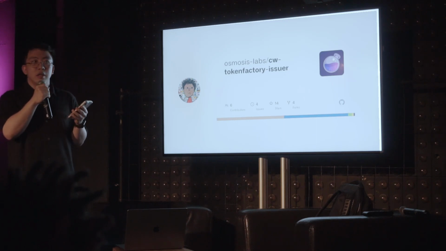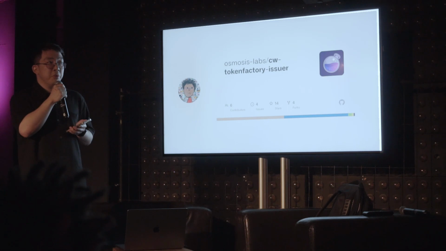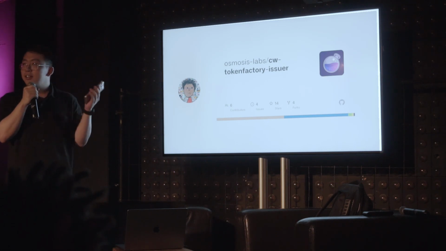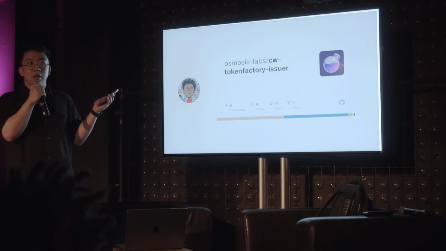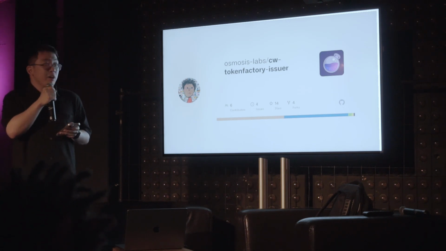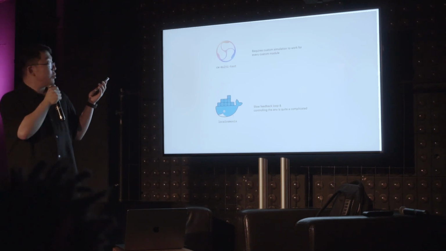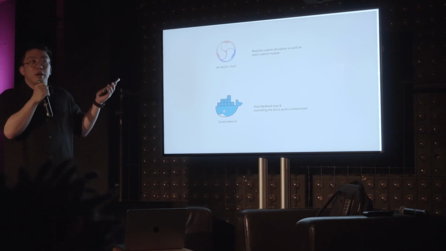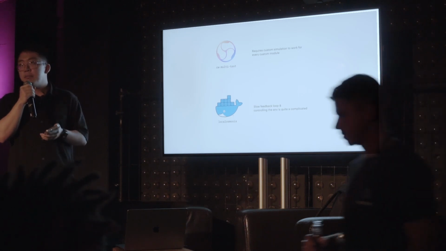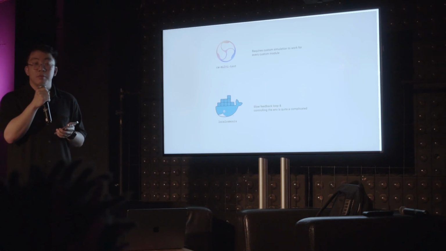In order to interact with it, you have to send messages to the custom module on the chain to make it work. And when you try to test it with a mock environment, you're probably not going to be able to fully test it, because it doesn't have the simulation of the Token Factory module at the moment.